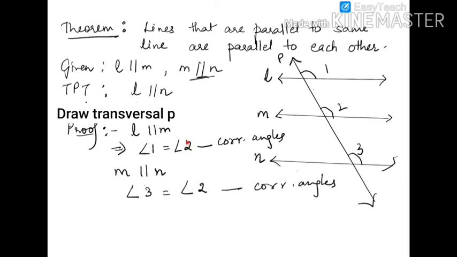Now in these two equations, the right hand sides are equal, so equating the left hand sides, we get angle 1 equal to angle 3. 1 and 3 form corresponding angles made by the transversal P with lines L and N. So we can say that line L is parallel to N.